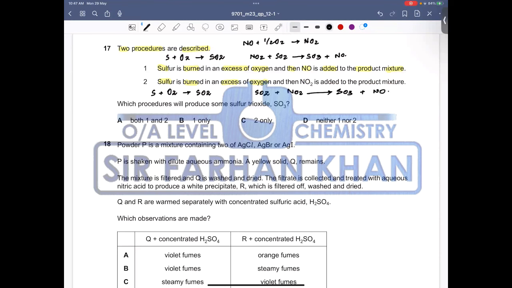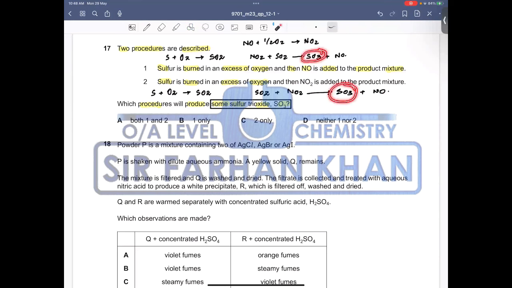So this is going to be the homogeneous catalyst after some time because of these two chemical reactions. Which procedure will produce some sulfur trioxide?